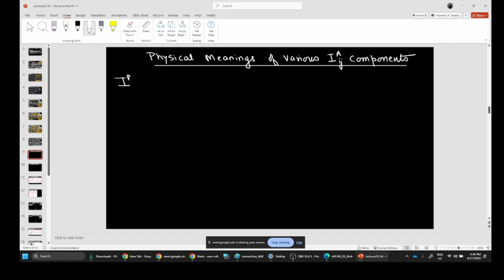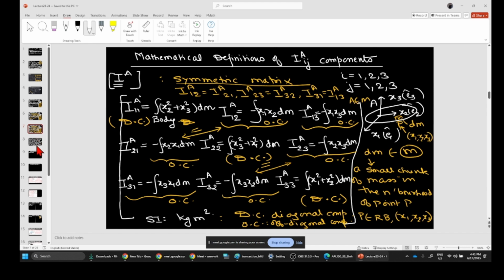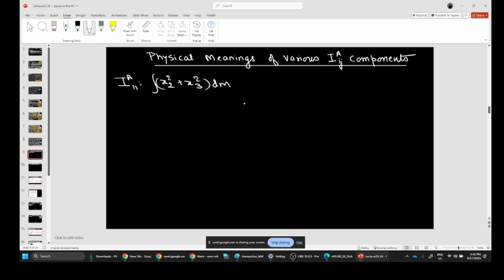If I focus on IA11, remember its definition is this. What is the physical meaning? First I will write a sentence and then I will explain that sentence further.